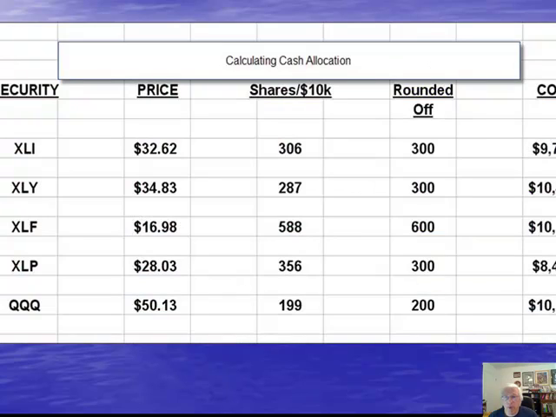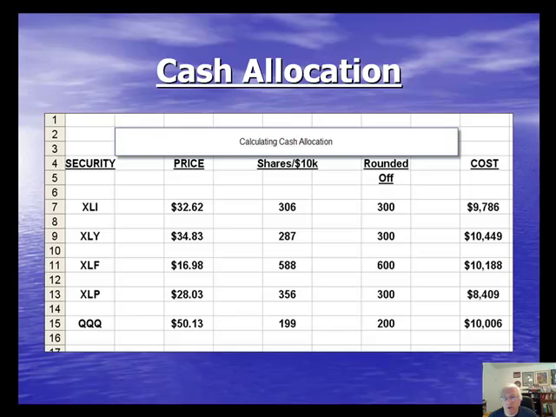And then you're ready at that point in time to decide on your cash allocation once you've made your decisions as to which stocks you're going to use. So this chart on the screen right now will show you that if you had a $50,000 portfolio in 5 stocks, you would allocate $10,000 per stock. You take the current market value of the stock and divide it into 10,000, and that will tell you how many shares you can buy for $10,000.